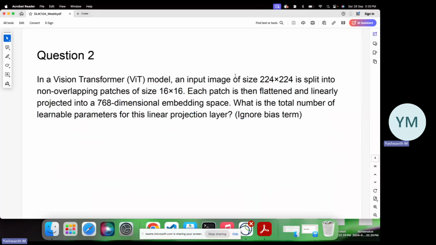Now each patch is flattened and projected to the 768 dimensional embedding space. And what is the size of each of these patches? It is 16 cross 16, that is 256. So it's a 256 vector that is being projected into the 768 dimensional embedding space.